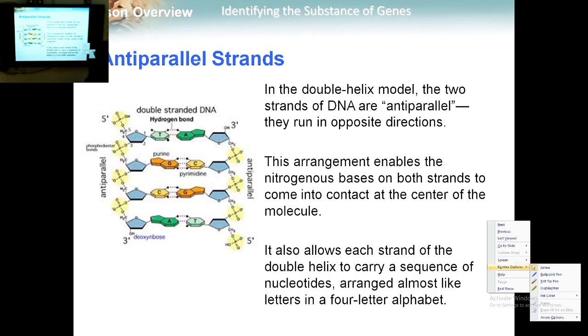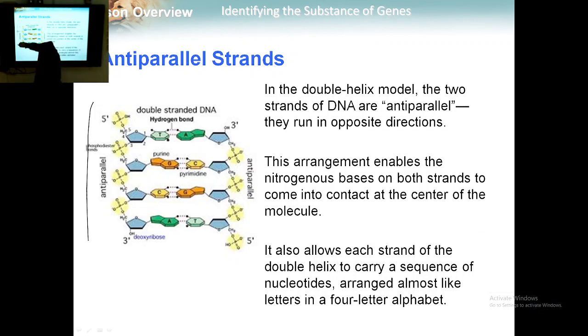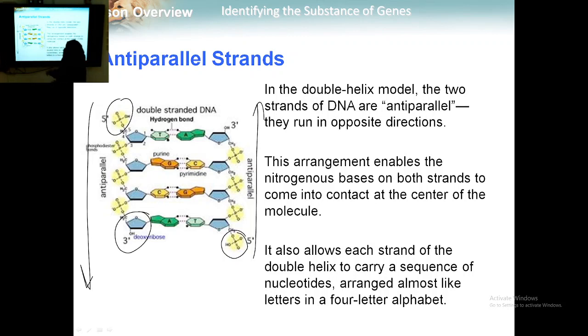If we start here with phosphate, we will start here with phosphate. If we end here with deoxyribose sugar, here we will end with deoxyribose sugar. This is what we mean by anti-parallel, running in opposite directions.